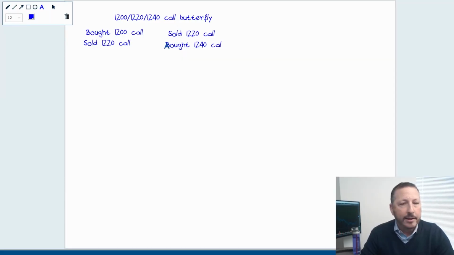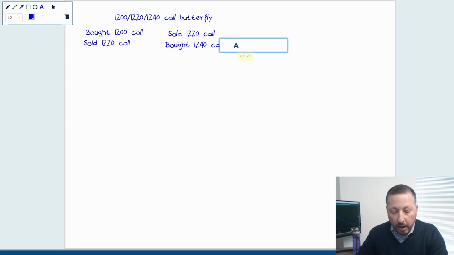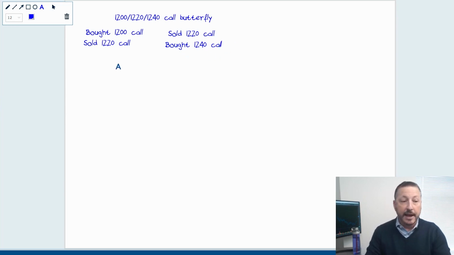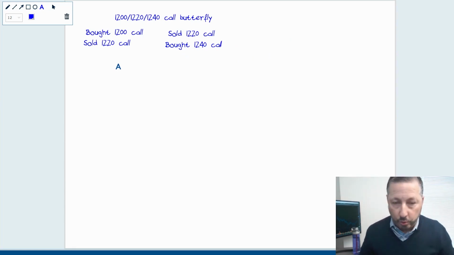It gives us our maximum risk, and we always want to know our maximum risk going into any position. What would happen if we just bought the 1200, sold 2 of the 1220s, and never bought that 1240 call? Well, if Tesla really just exploded beyond all our strikes, we have unlimited loss, because we're short one call if we didn't buy that 1240 call.